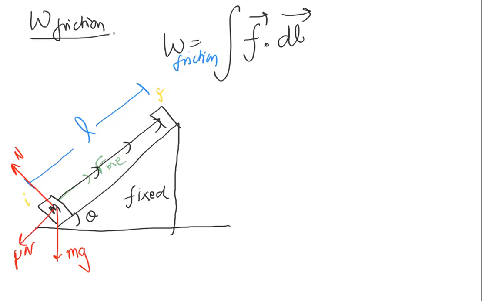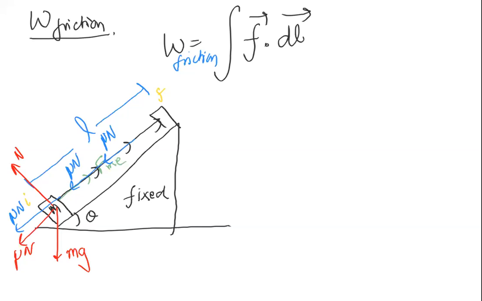I'm only bothered about the work done by friction. So for all these line elements, I will draw only the friction force. Here the friction force is like this, mu n. Here it is like this, mu n. Here it is like this, mu n. So I have divided the path into line elements, and for every line element, I have drawn the force.